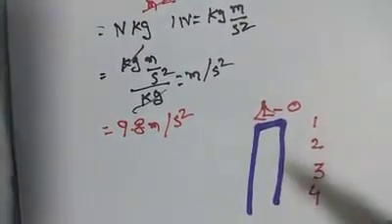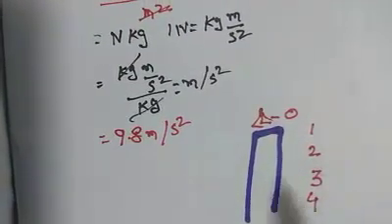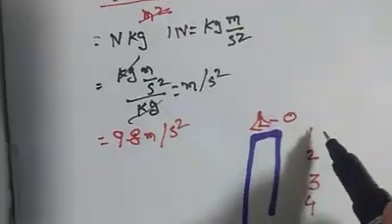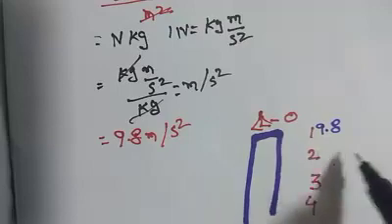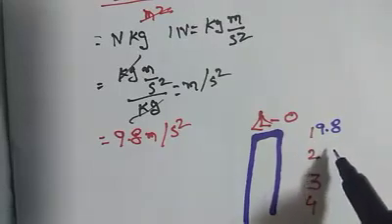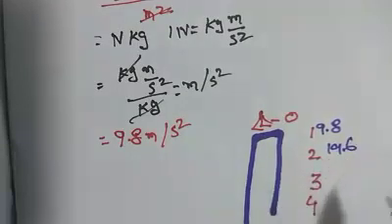So what I'm trying to tell you is that right at 0 or at the first second, it would be 9.8. At the second, it would be 9.8 plus 9.8, which is 19.6.